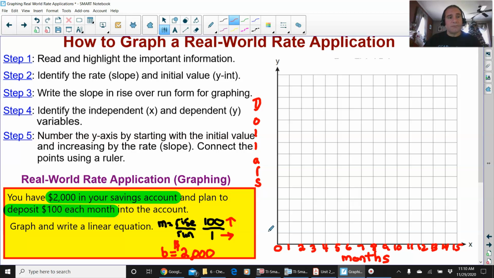Remember, use your initial value, right? So step 5, number the y-axis starting with the initial value and increasing by the rate. The initial value is 2,000. So that's what I'm going to start with. $2,000. And the person wants to deposit $100 per month. So I'm going to go up by 100 each time. 2,100, 2,200, 2,300, 2,400, and so on, just like this.